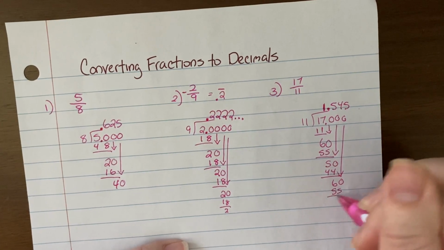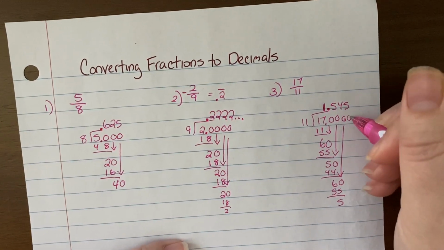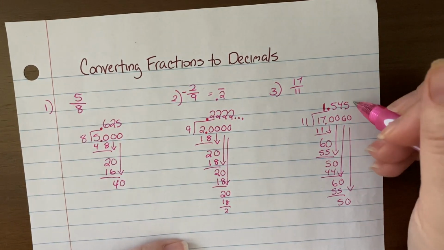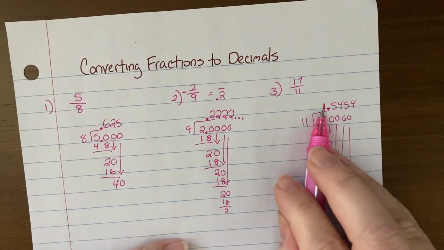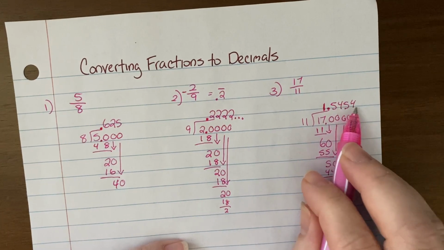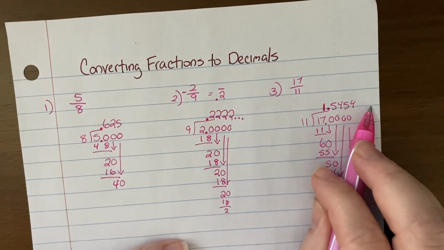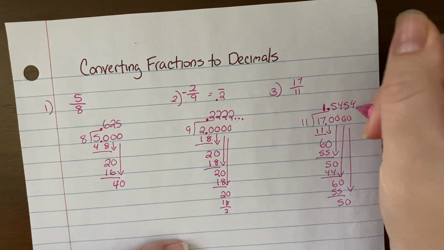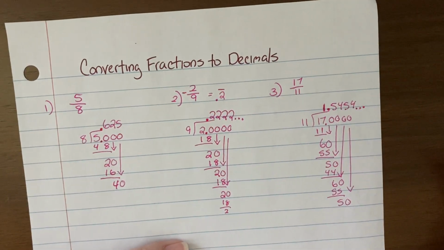That's 55 with a remainder of 5. If I drop another 0, look at that. 11 goes into 50 4 times. 1.5454, it's going to continue doing 5454 for the rest of time. So I can stop at this point and just say, you know what, this is going to keep repeating.